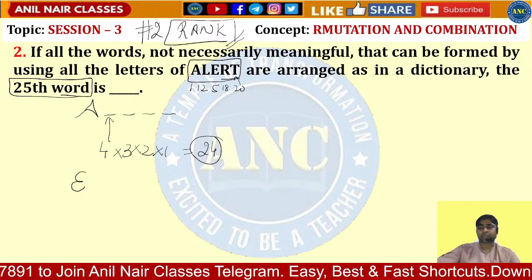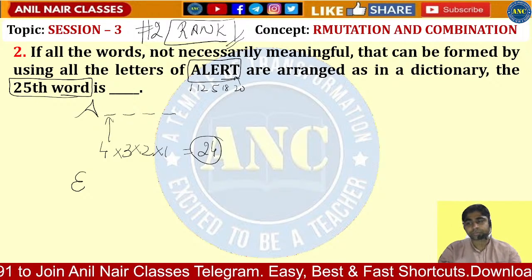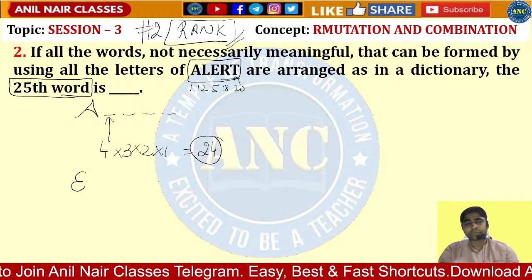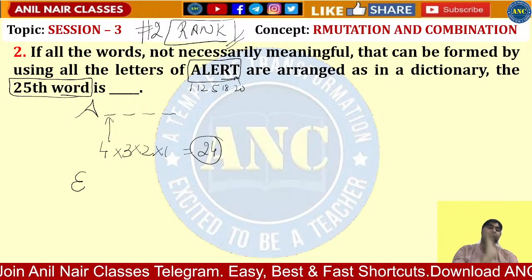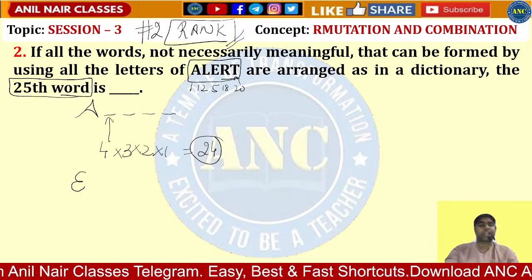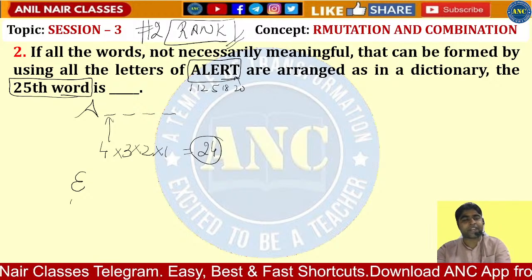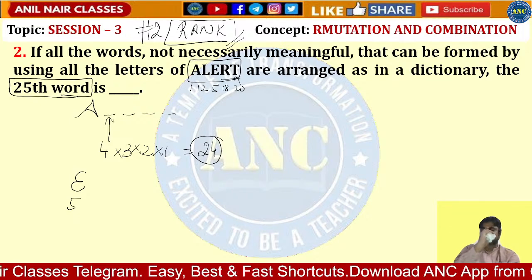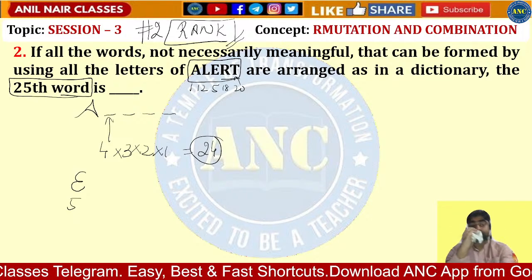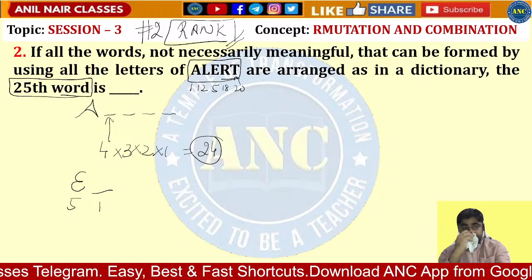After the 24th one, what letter would it be? It would be starting with an E, and just after that, in alphabetical order, the one with a 1 would be coming.